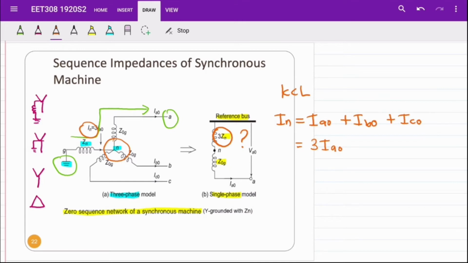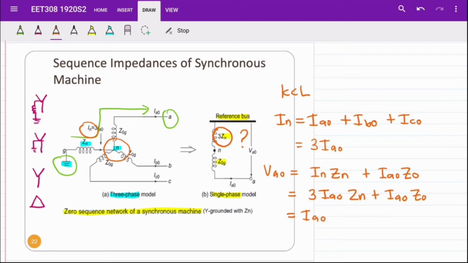3IA0. Then we can write the voltage potential equation between ground and phase A. The voltage potential equation: VA0 equal to IN times Zn plus IA0 times Z0. Then we substitute the value of IN, we get 3IA0 times Zn plus IA0 times Z0.